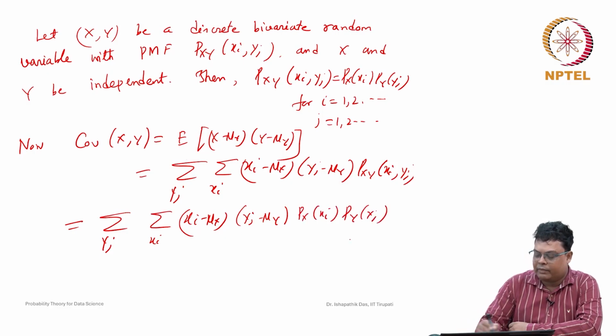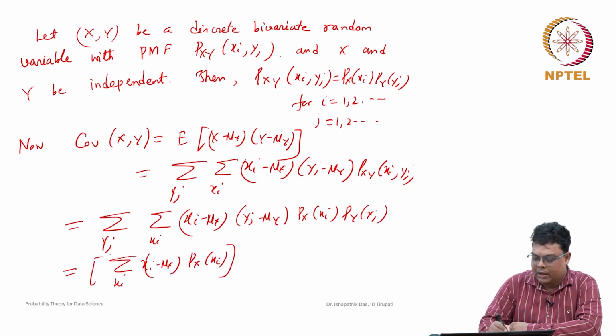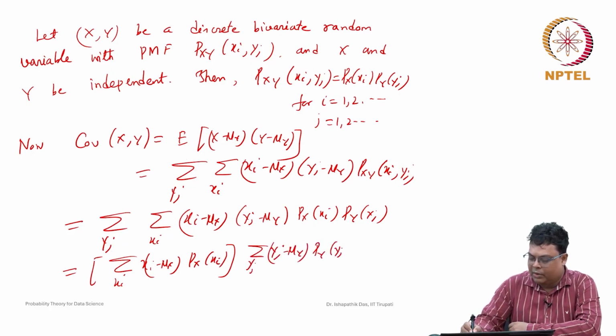So, assuming that this summation exists, we can write this as the summation of (x_i minus mu_x) p_x(x_i) times the summation of (y_j minus mu_y) p_y(y_j).